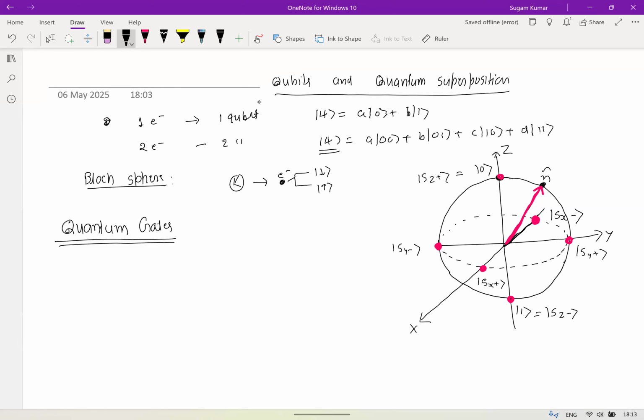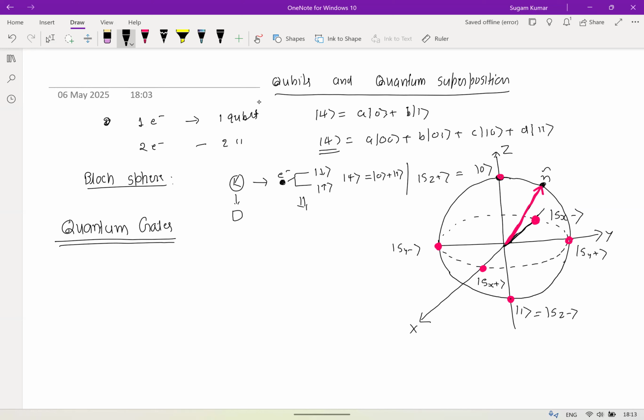These transistors can be used to make different types of gates. Similarly, these electrons are qubits. So technically, I will use these states to make the gate, and those gates I'm going to call quantum gates.